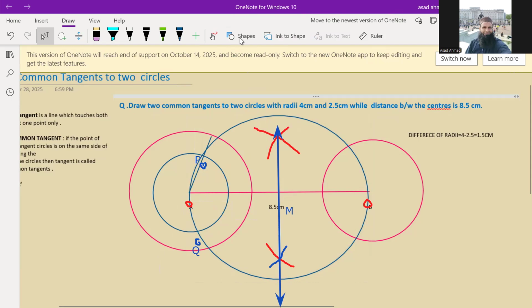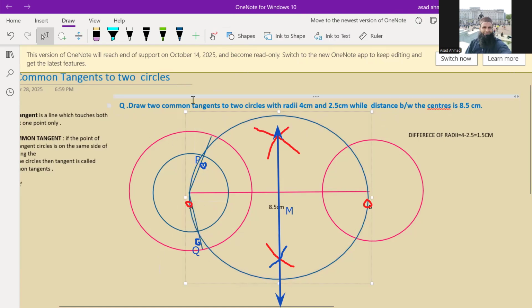Similarly, draw one more line. Join A to the second point of intersection and produce it till the boundary of the second circle. So you have to label these points.